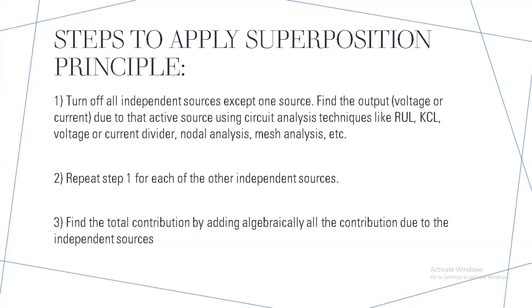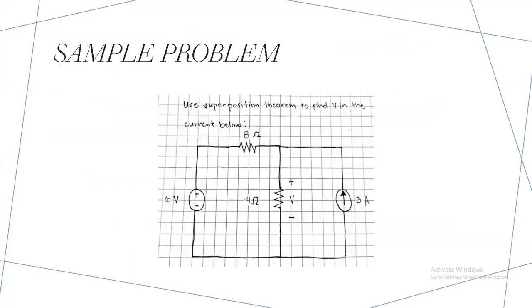So after we follow step 1 and step 2, doon na natin makukuha yung gusto nating kunin by adding algebraically all the contributions due to the independent sources. So for us to properly know superposition theorem, let's try having sample problems.